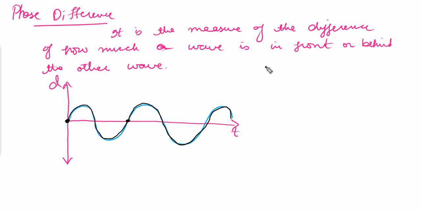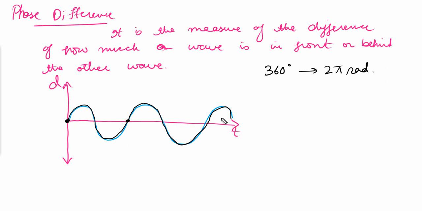In one cycle there are 360 degrees or 2 pi radians. A quarter cycle is 90 degrees, a half cycle is 180 degrees, 3/4 cycle is 270 degrees, and a full cycle is 360 degrees. So we'll be using that in the next step. So now in these two waves there is zero phase difference.